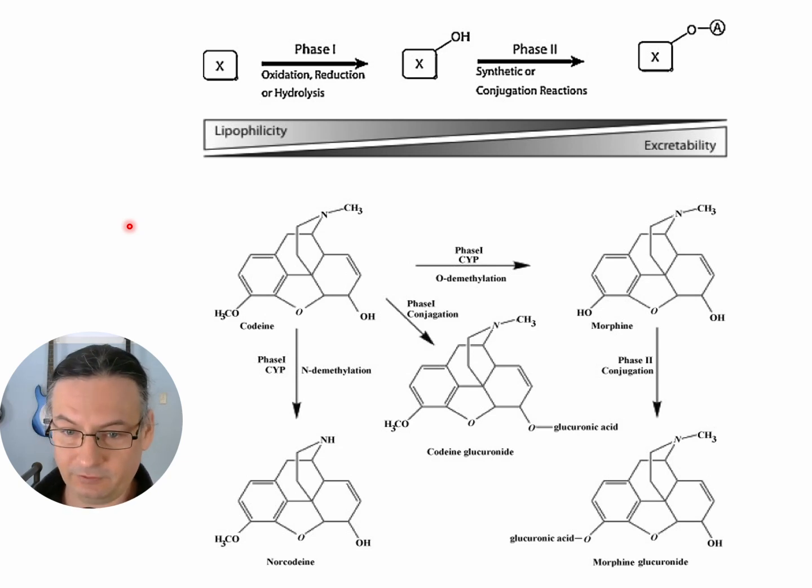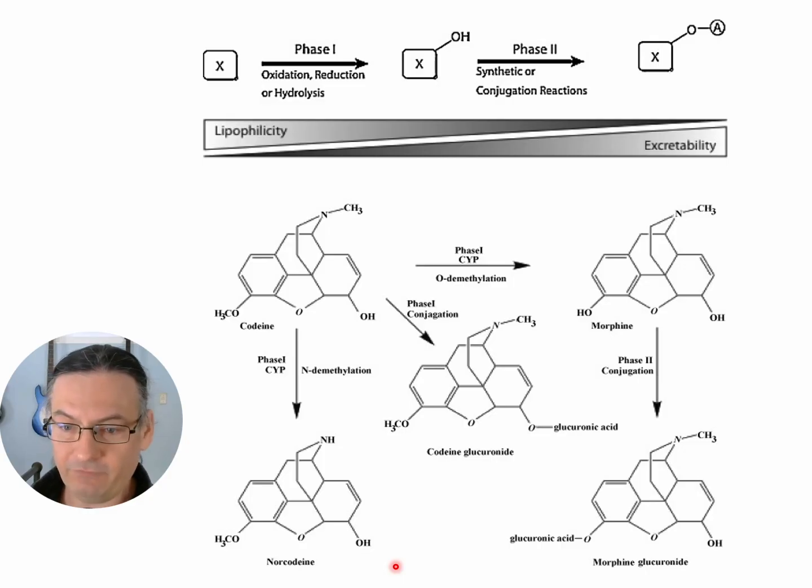So in this case, the codeine molecule can actually go through 2 different phase 1 pathways. It could get demethylated and turn into norcodeine, which is going to be effectively just excreted from the body. So some of it's going to get lost basically to an inactive form. And from a medication standpoint, this is a bad thing. You're losing some of the efficaciousness of the medication.